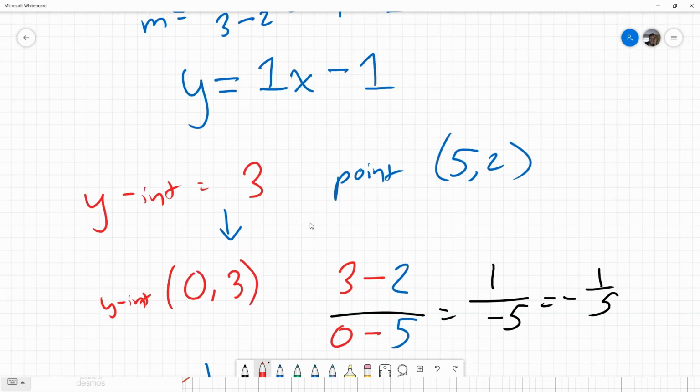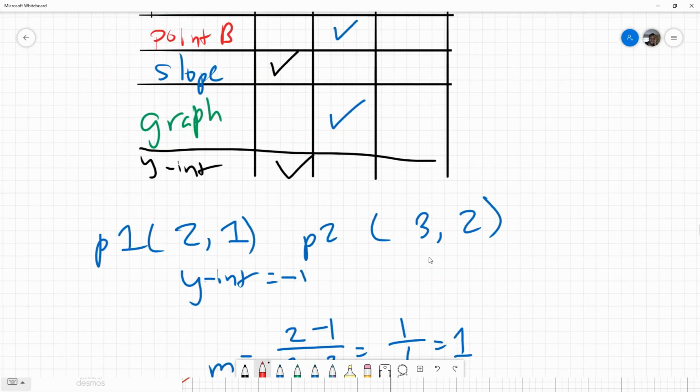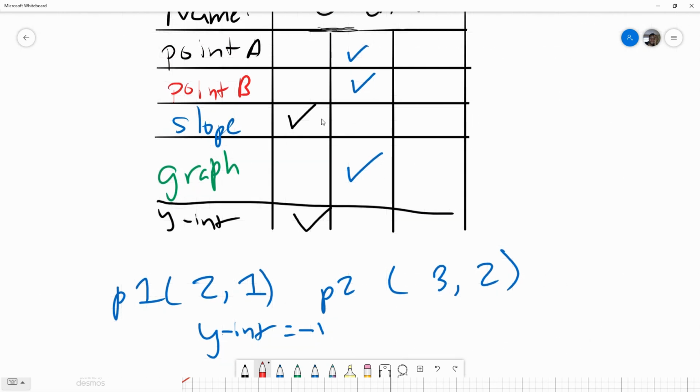And that's how you would use slope-intercept form. Remember, you need at least your slope and your y-intercept. But even if they don't draw that out for you, you can find your slope given either 2 points or maybe even 1 point and your y-intercept.